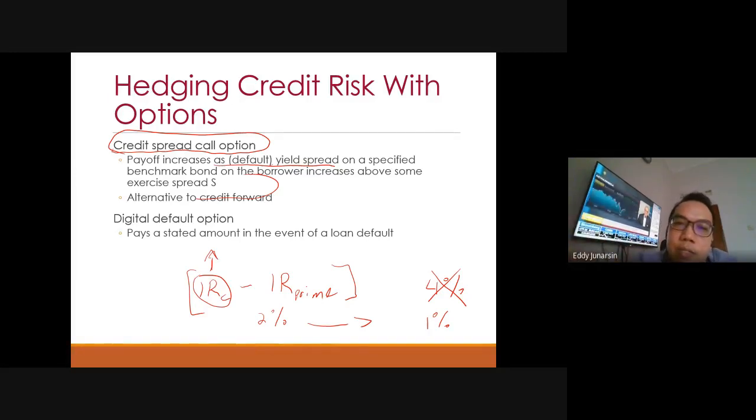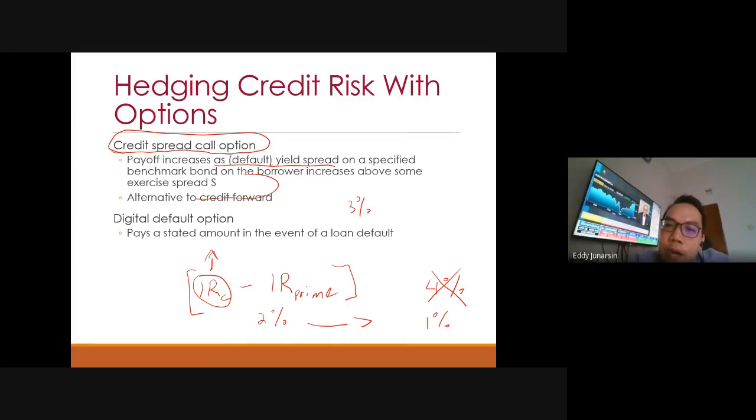So let's suppose that you take this position, right? The long call situation, and maybe this is your contract. The option contract says that you're taking the long call at a spread of 3%, right? 3%.